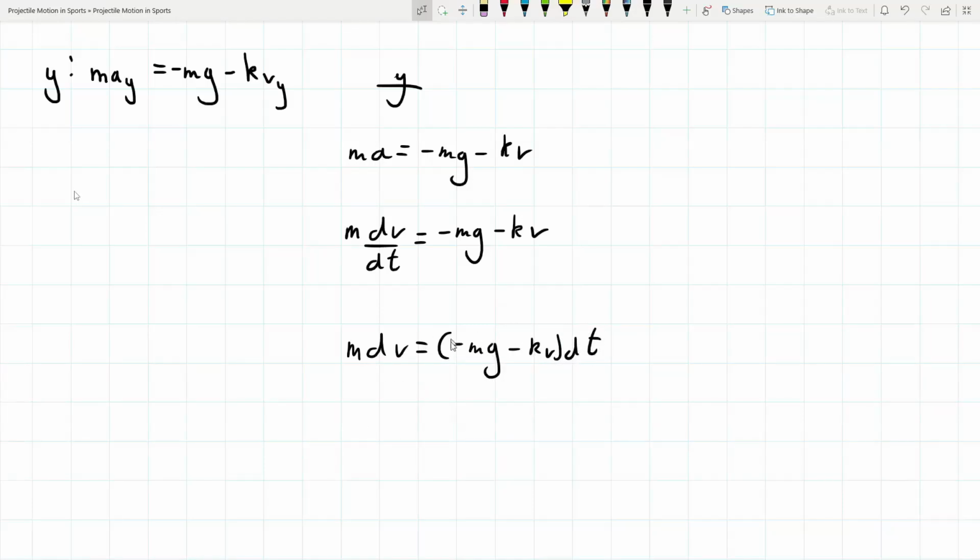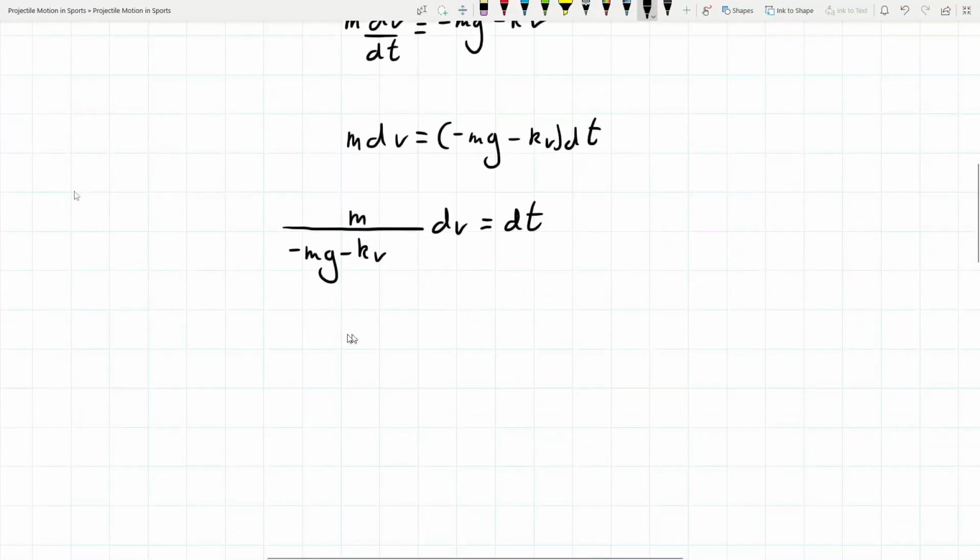Now if we divide both sides by minus mg minus kv, we get m over (minus mg minus kv) dv equals dt. Okay, so now we can integrate these, because now we have the v's on the side with the v's, and there's no t's, so we're fine.